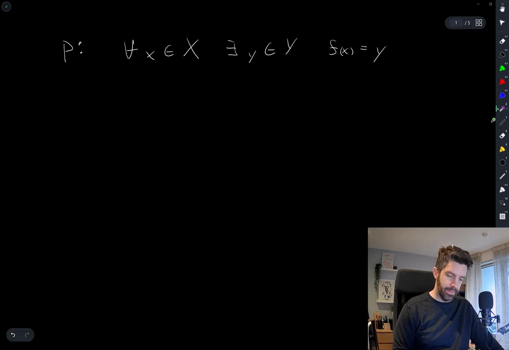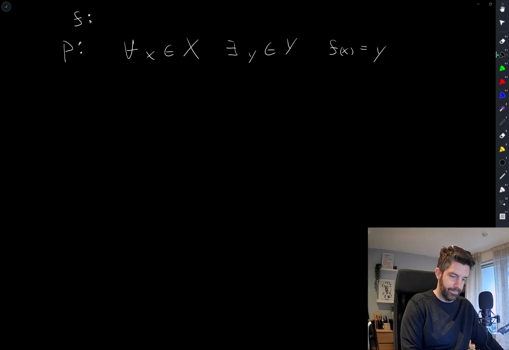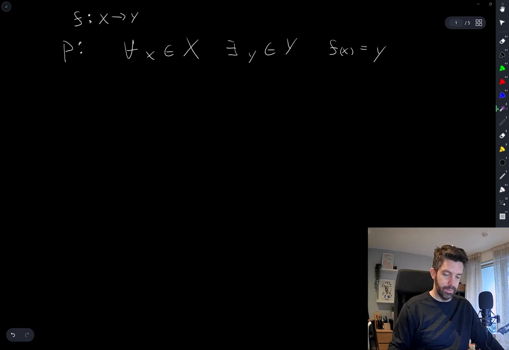But we have been given as a statement before this that f is a function from X to Y. And what does it mean for f to be a function from X to Y? It means that for all x in X, there exists a y in Y such that f of x is equal to y. I mean, there's a little bit more to it than that, but that's pretty much it. Okay.